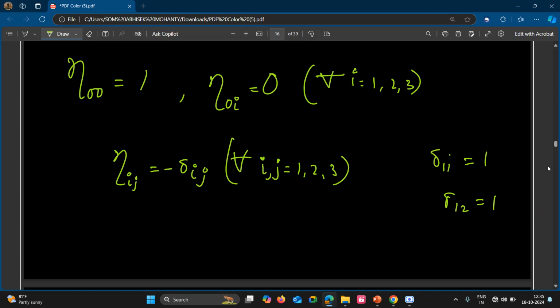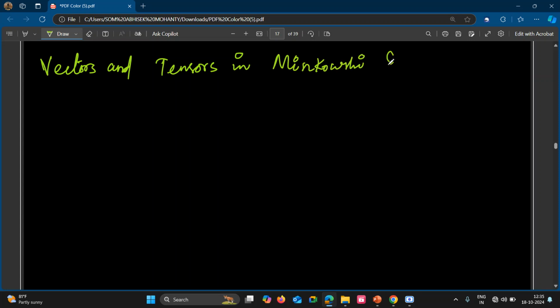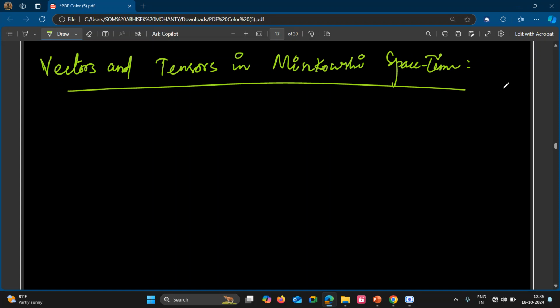Next heading: vectors and tensors in Minkowski space.